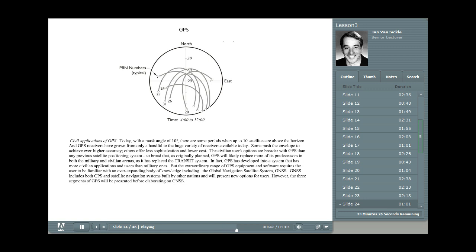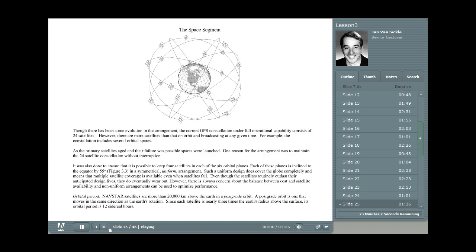And GPS clearly has been replacing its predecessors. Now, the extraordinary range of GPS, and it's really a remarkable story of how rapidly the system has realized its potential.